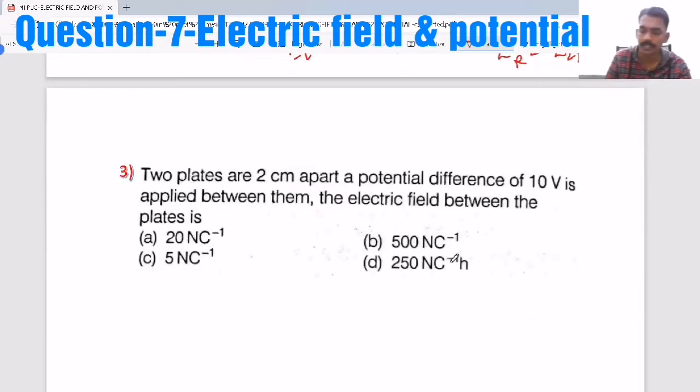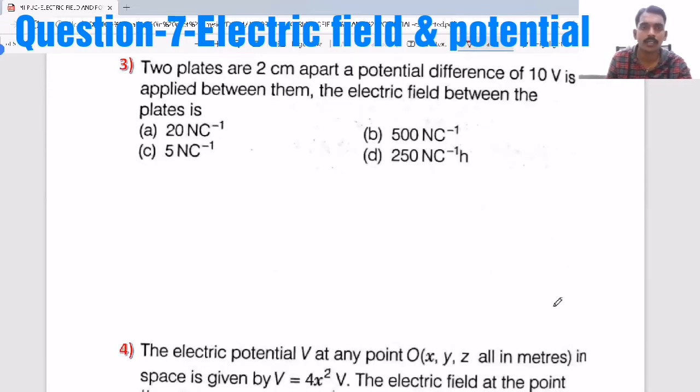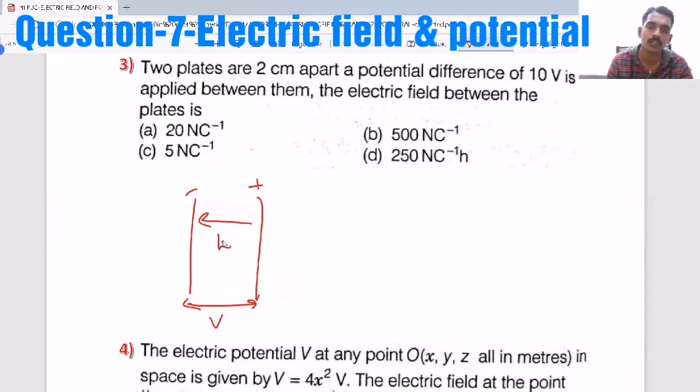Now here two plates are 2 centimeter apart. A potential difference of 10 volt is applied between them. What is the electric field between the plates? It's a very simple question. When two plates are there with a certain potential difference V, this is the negative plate and this is the positive plate, the field is from positive to negative.